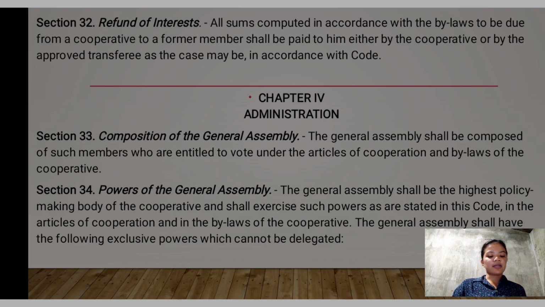It exercises the powers outlined in the code, the Articles of Cooperation, and the bylaws of the cooperative. The General Assembly has certain exclusive powers that cannot be delegated to any other body, though the specific powers are typically listed in the following sections.